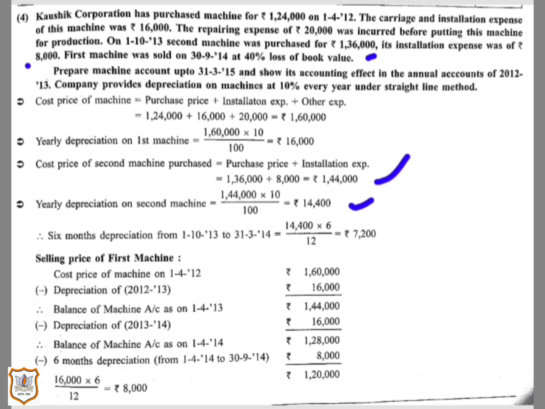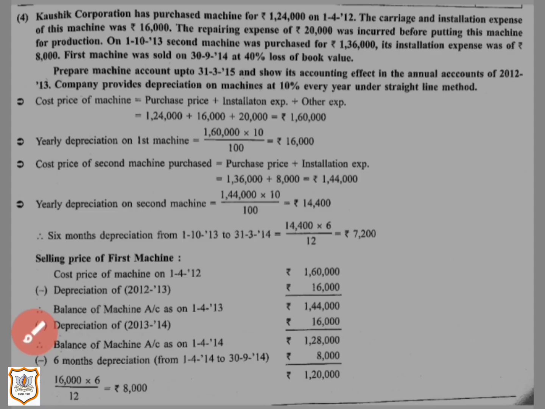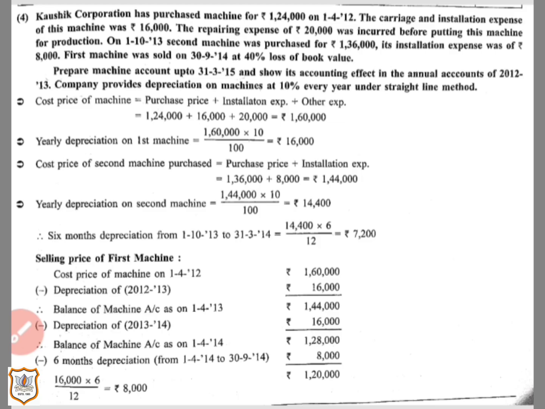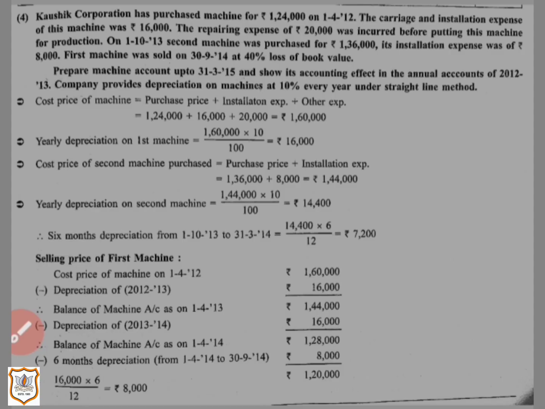But for the second machine, we will not charge depreciation for the full year, because we have purchased the second machine on 1st October 2013, and this year begins from 1st April 2013 and ends on 31st March 2014.